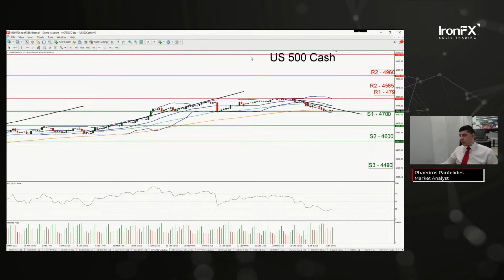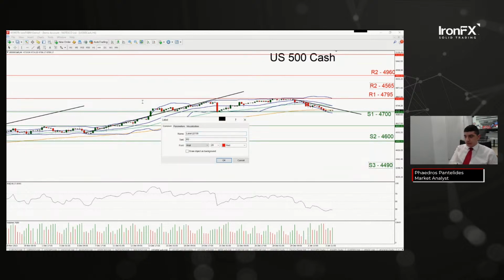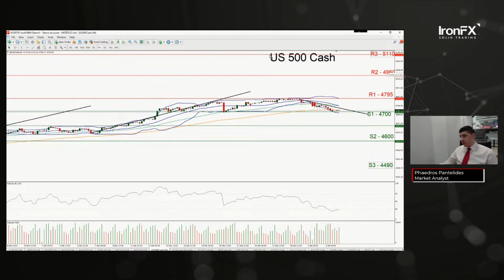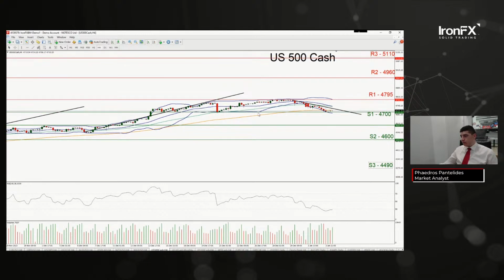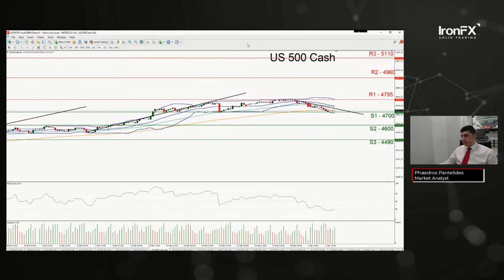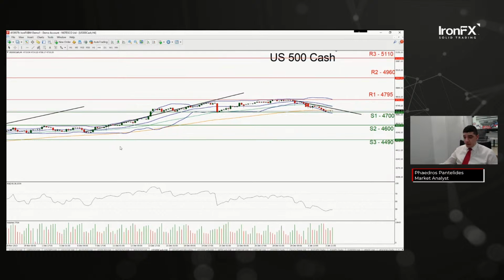Then 5,110 for R3. And this would be R3. So maintaining a bearish outlook for the S&P 500 from a technical point of view. There we go. Much better. For a bullish outlook, simply breaking above R1.